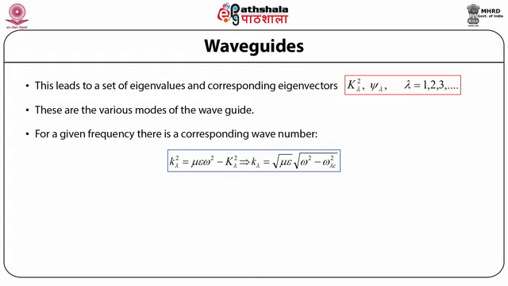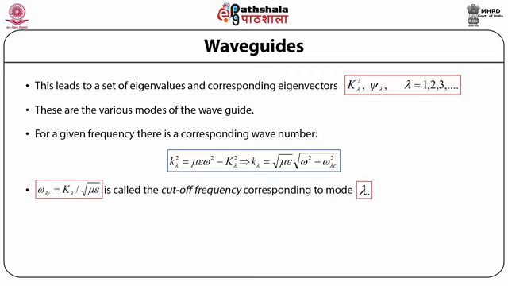It follows that small k subscript lambda is equal to root of mu epsilon times root of omega square minus omega subscript lambda c square, where omega subscript lambda c is equal to capital K subscript lambda by root mu epsilon, and this is called the cutoff frequency corresponding to the particular mode having wavelength lambda.